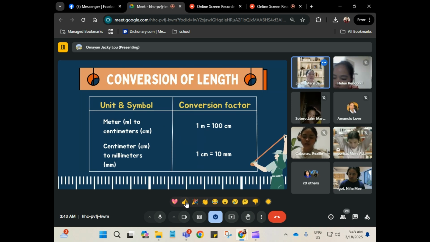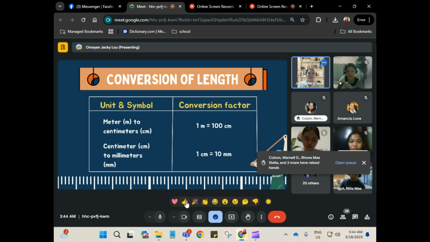Now, if we have 100 centimeters, class, in a meter stick, how many millimeters are there? If we have 100 centimeters in a meter stick, how many millimeters are there?